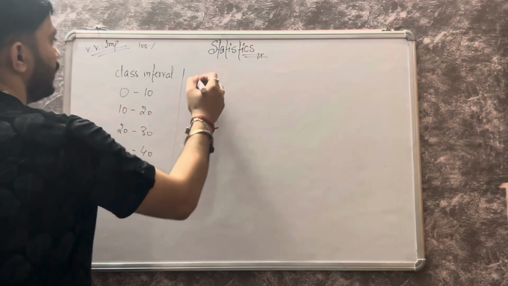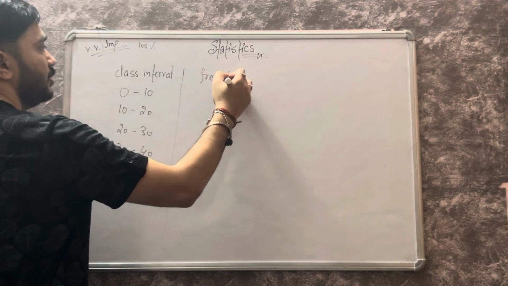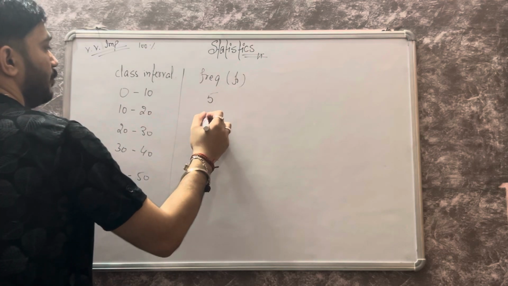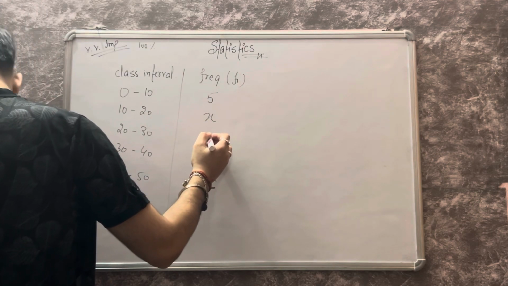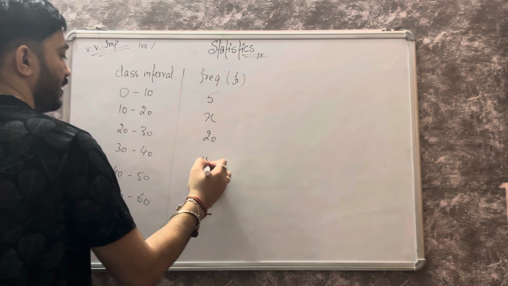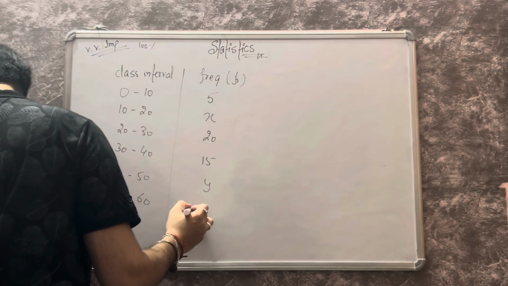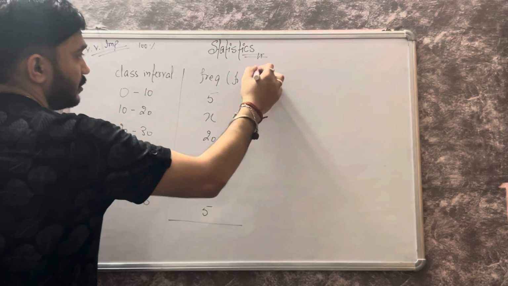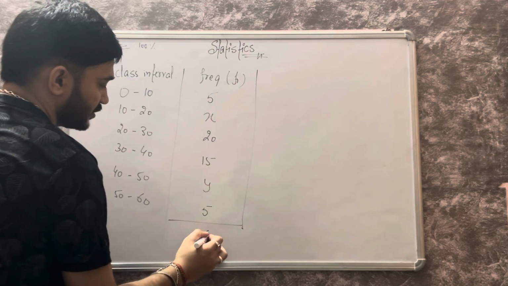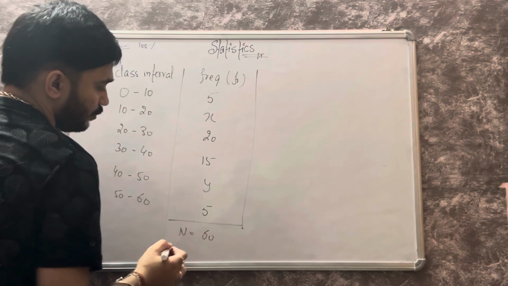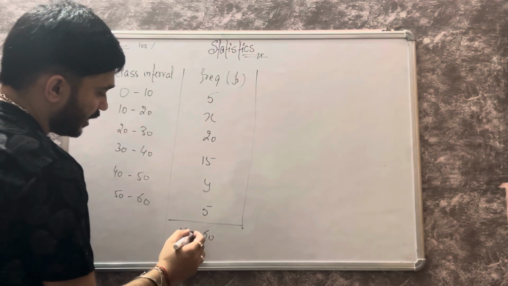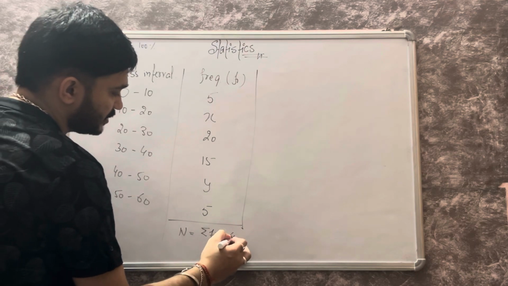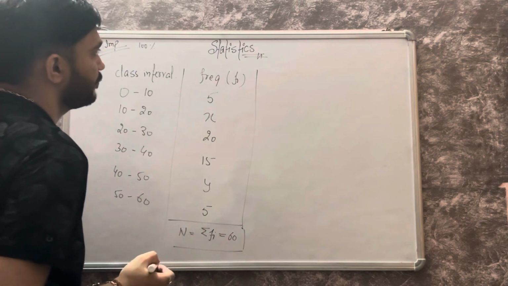And the frequencies are given in the form of variables also, that is 5, x, 20, 15, y, and last is 5, and the sum of the frequencies is given as 60, that is n is equal to summation of fi, given as 60 in the table.